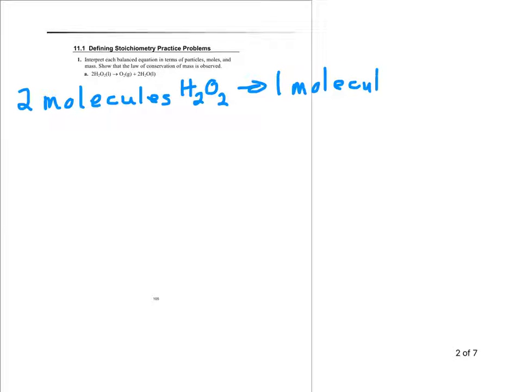So we look here at 2 molecules of H2O2 yields 1 molecule of O2 plus 2 molecules of H2O.